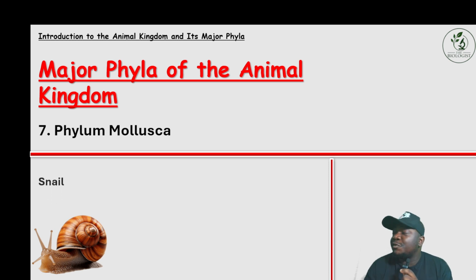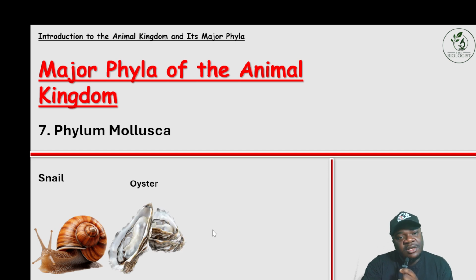The next one is phylum Mollusca. Here we have our beautiful snails, and we have different types of snails. Some you find in the bushes, while some you find in water as aquatic organisms. This is an oyster, and this is a squid. All these fall into the phylum Mollusca.